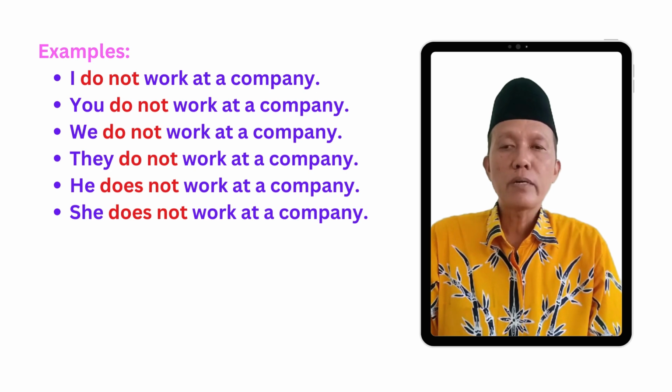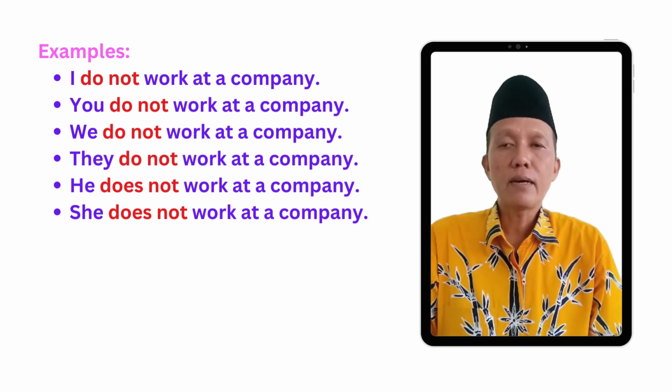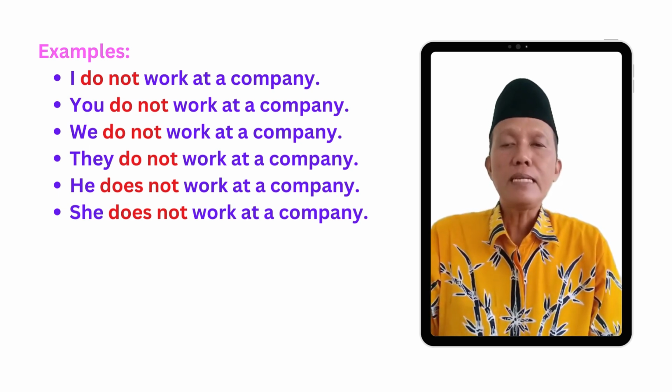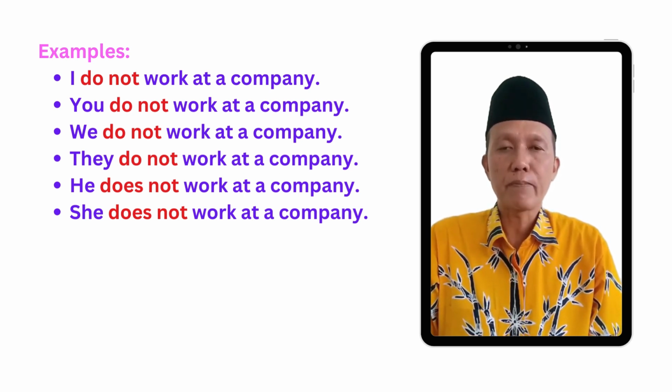I do not work at a company. You do not work at a company. We do not work at a company. They do not work at a company. He does not work at a company. She does not work at a company.